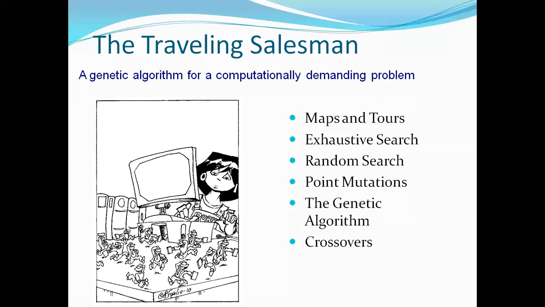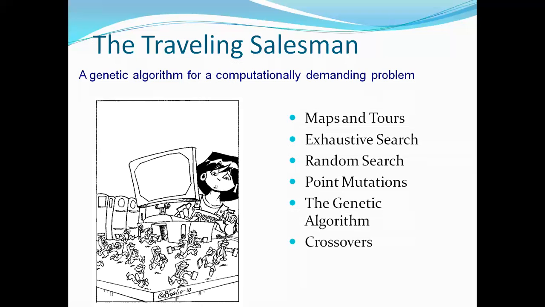In the same way, as per the computer guidance system, we'll be utilizing these maps, and based upon those maps, the tourism takes place. That is maps and tours related.